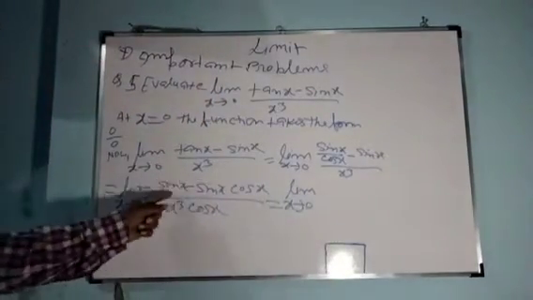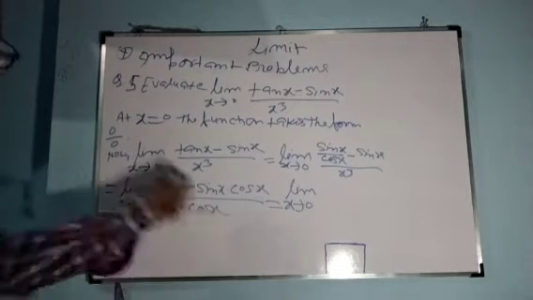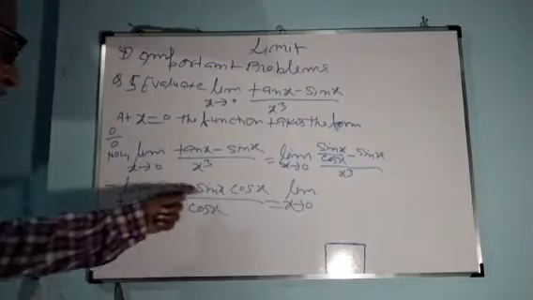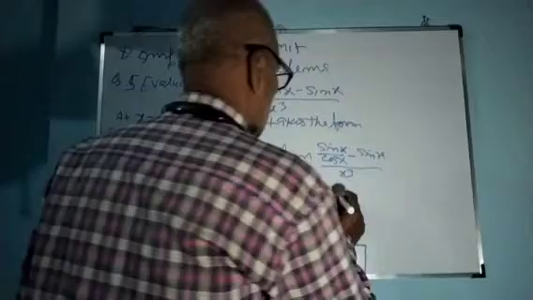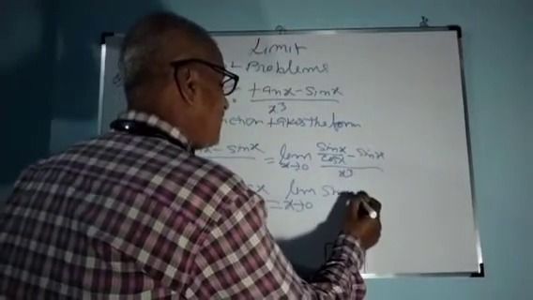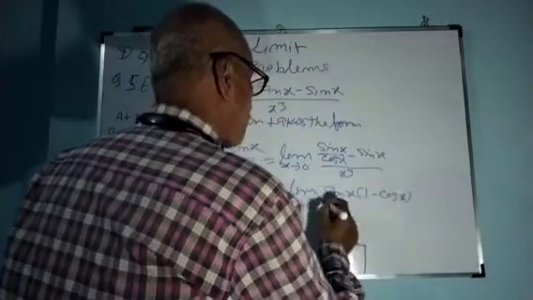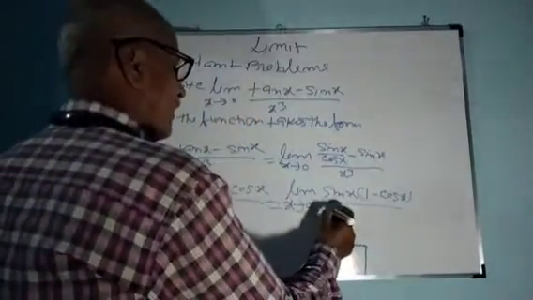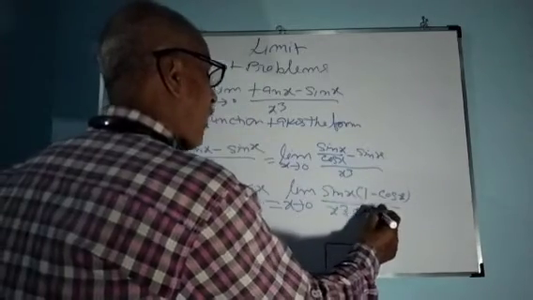Here we take sin x out as a common factor. Sin x into 1 minus cos x by x cube into cos x.